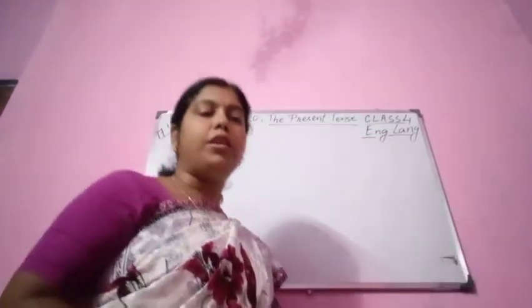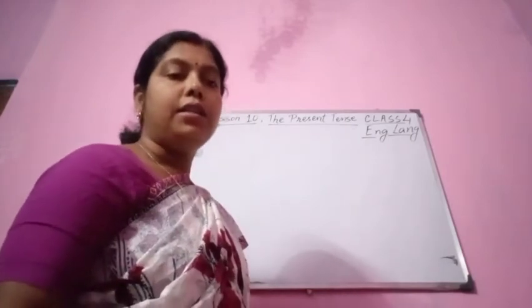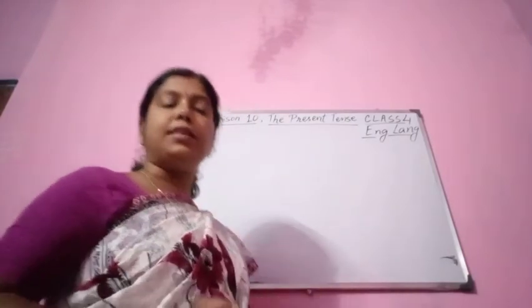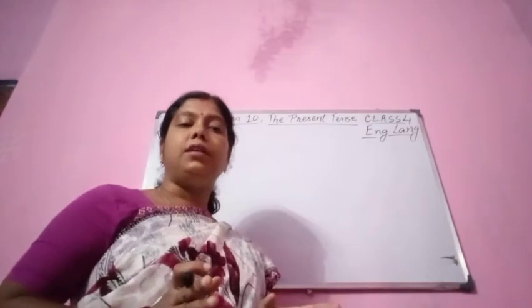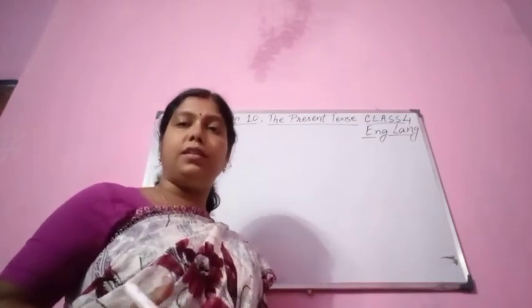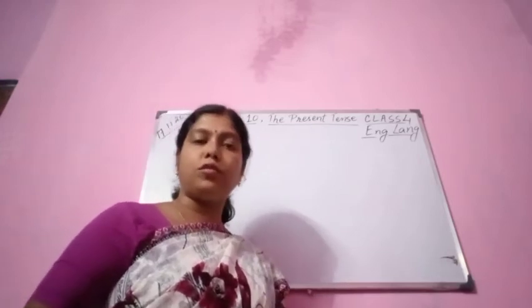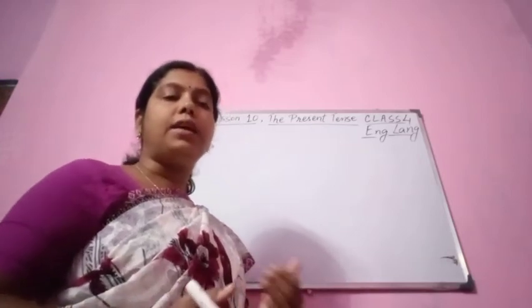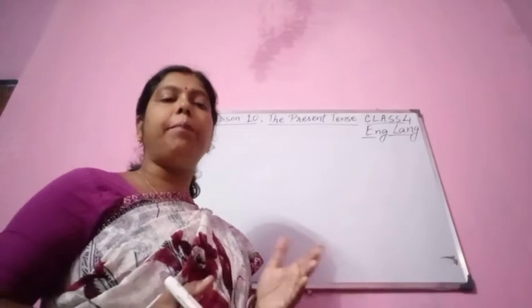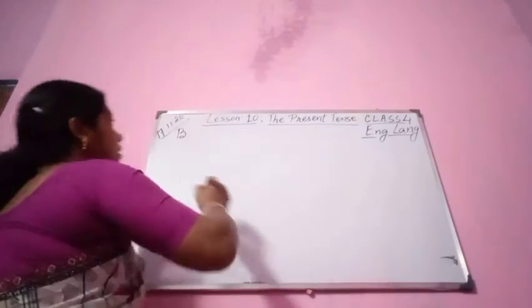You see, number 1, the girls play volleyball. Now you see here, the girls play volleyball. This sentence is in plural because the subject, the girls, is in plural. So naturally the sentence also is in plural. The girls play volleyball. The girl plays volleyball. I am writing only the answer.